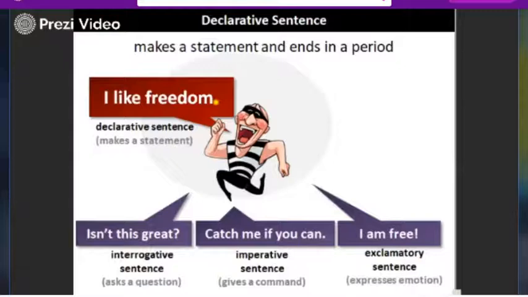The one that is in red is a declarative sentence, and it has a period. Isn't this great? Interrogative sentence, question. Catch me if you can is an imperative sentence. I am free. It's an exclamatory sentence.